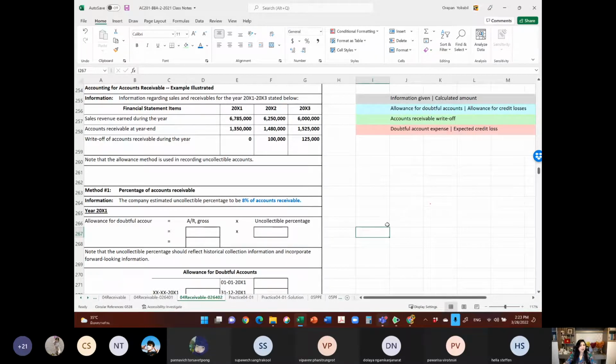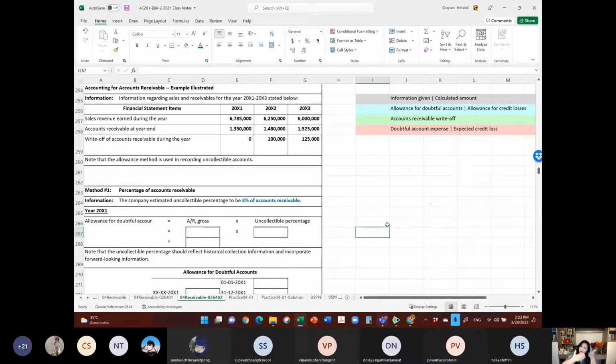Like I said, you look at the past experience. You have the accounting records, you have a database, you have information in the past periods. So you do the calculation. Maybe you get like 7.5% from the past information. So 7.5% will be uncollectible if you have accounts receivable of 100 baht.